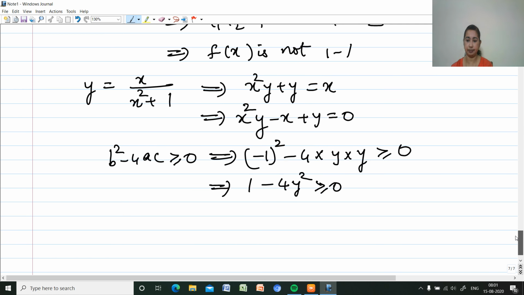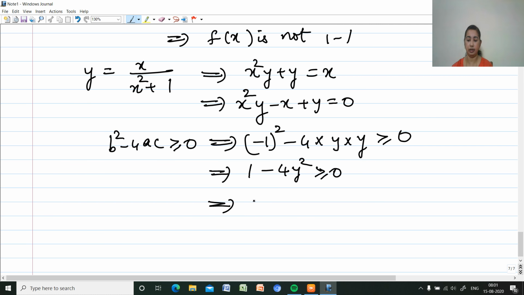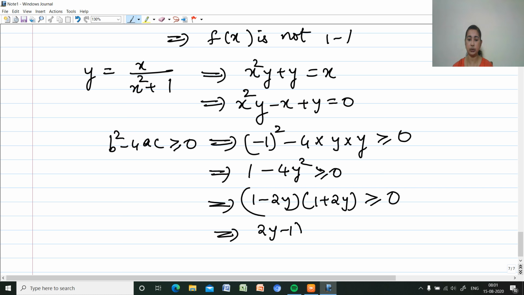This means 1 minus 2y into 1 plus 2y greater than or equal to 0, because this is of the form 1 square minus 2y whole square. Splitting, a minus b into a plus b gives a square minus b square. So that means if I am writing it as 2y minus 1 into 2y plus 1, that is also greater than or equal to 0.